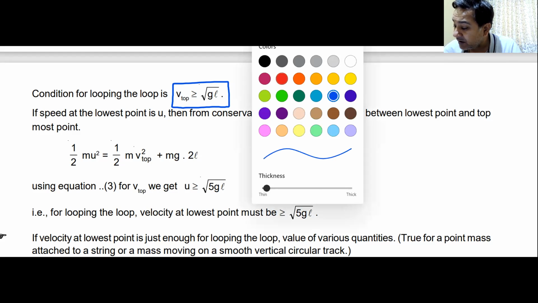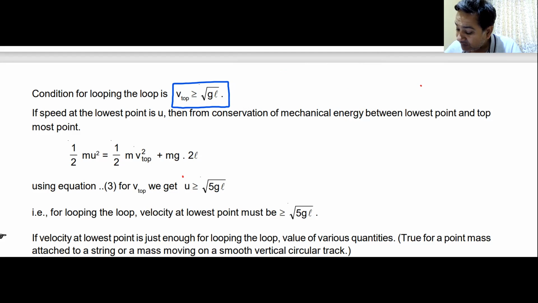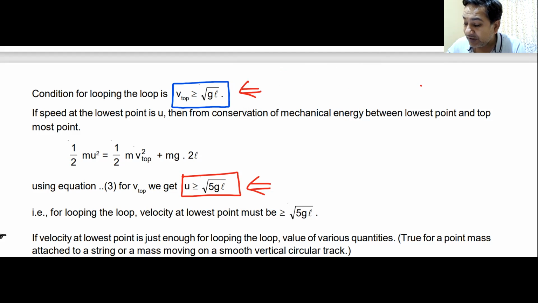Now comes the red box. Red box is the condition of completing the loop at the lowest point. At the lowest point, your speed or velocity magnitude must be greater than or equal to root 5 GL. At the highest point, the velocity must be greater than or equal to root of GL. I hope everyone understands this.